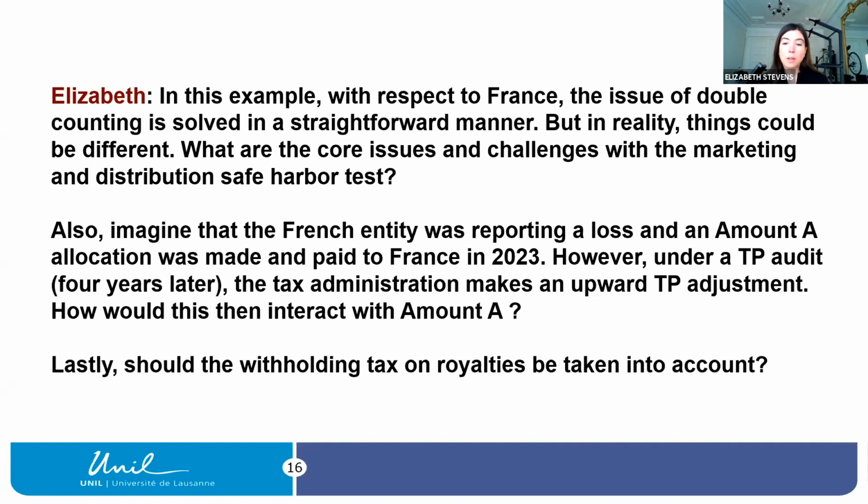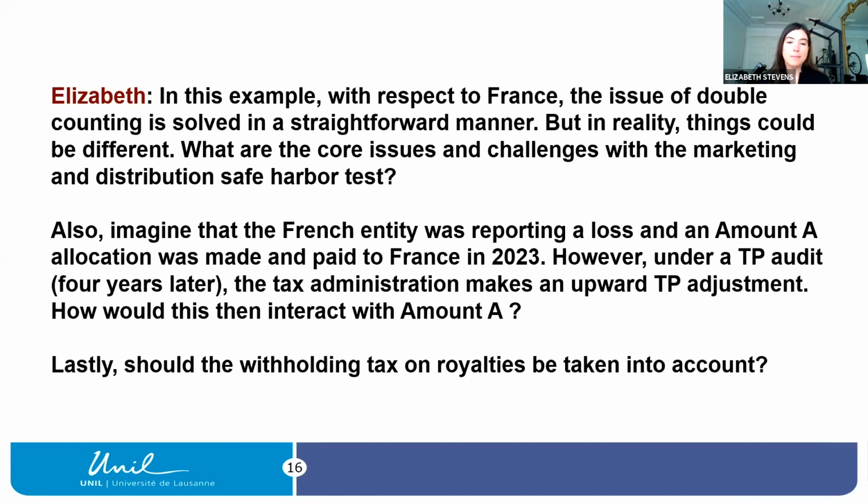Working through the numbers, if there is a subsequent transfer pricing adjustment in France, transfer pricing adjustments are usually transactionally based. So the only outbound payment from France that's reflected in our example is a payment of a royalty to Switzerland. So the French tax administration would reduce the amount of royalty payable from France to Switzerland and increase France's income. Additional taxes due. So what do we do now?